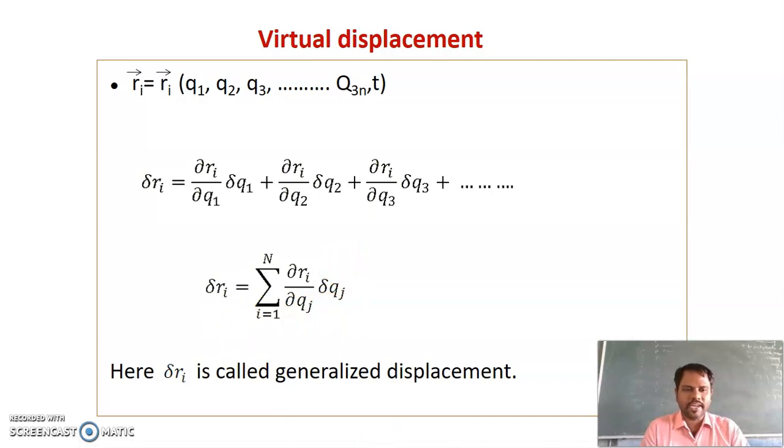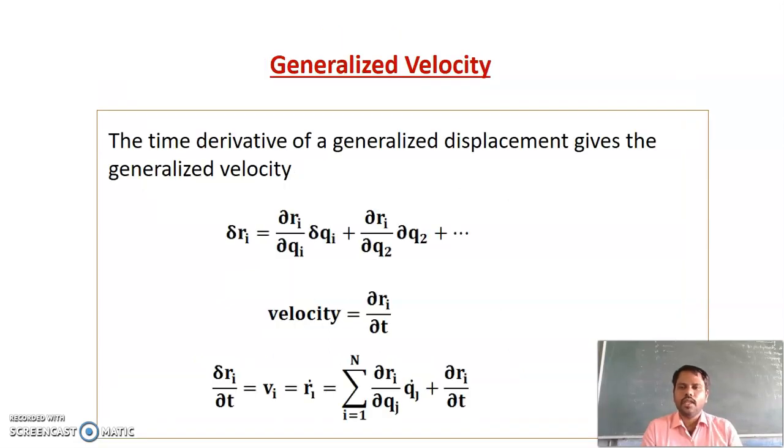So if you want generalized velocity, all we need to do is differentiate generalized displacement with respect to time. So generalized velocity is the time derivative of a generalized displacement.